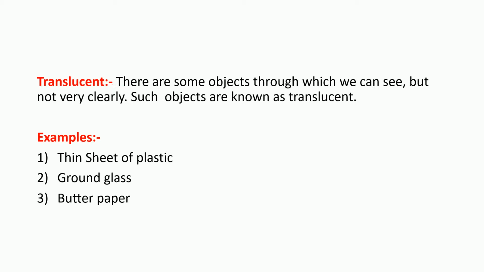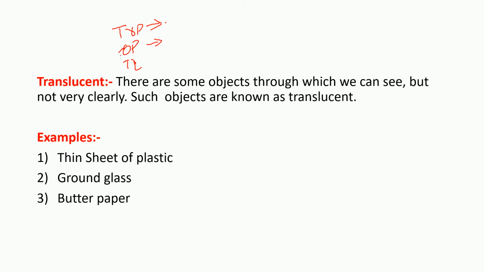Next, translucent bodies. These are objects through which we can see, but not very clearly. Such objects are known as translucent bodies. So here we have transparent bodies, opaque bodies and translucent bodies. Through transparent bodies we can see the other end.